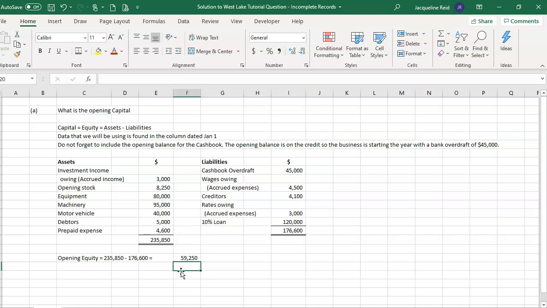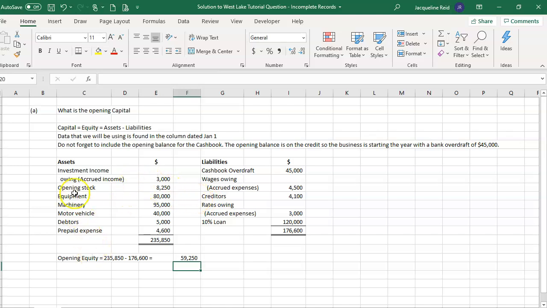So to quickly recap, it asks for the opening capital. So you must be using your opening balances dated January 1st. And I mentioned that you must not forget to put in your cash book balance, which in this question is a liability. It is a liability.